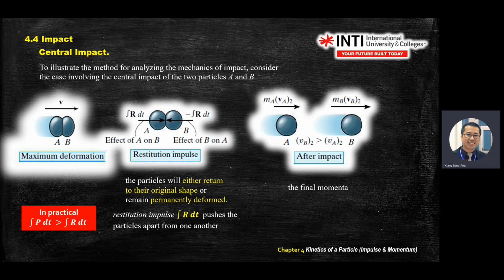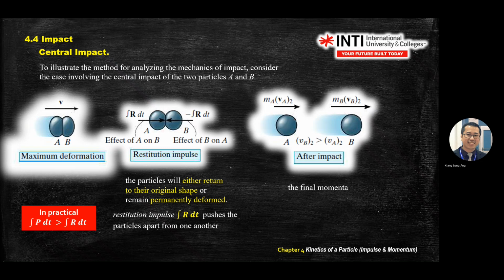Then after impact, they will separate. There are two cases: either velocity of B becomes faster and A slower, or B slower and A faster. In this case, B will move faster than A. It's like snooker. You knock, then the other ball will move faster. This is after impact.